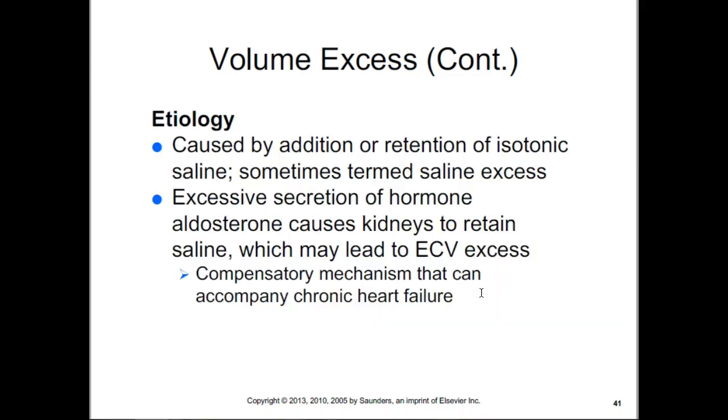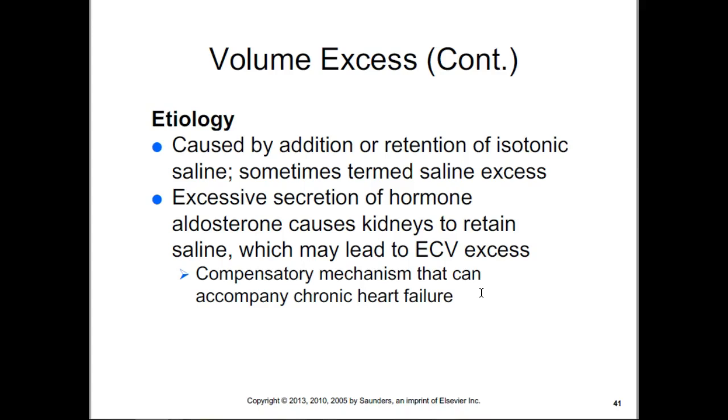This might be caused by an addition or retention of isotonic saline, sometimes termed saline excess, like if somebody received the banana bag and maybe they didn't quite need it. Excessive secretion of the hormone aldosterone causes the kidneys to retain saline, which also can lead to extracellular volume excess.